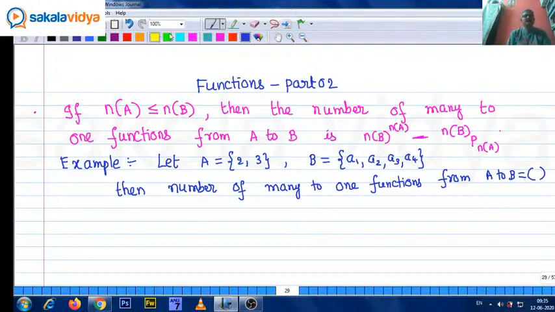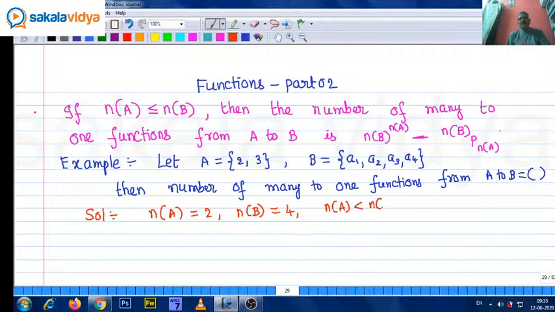Now the solution. First, n(A) equals 2, n(B) equals 4. Since n(A) is less than n(B), one-to-one functions are not defined.